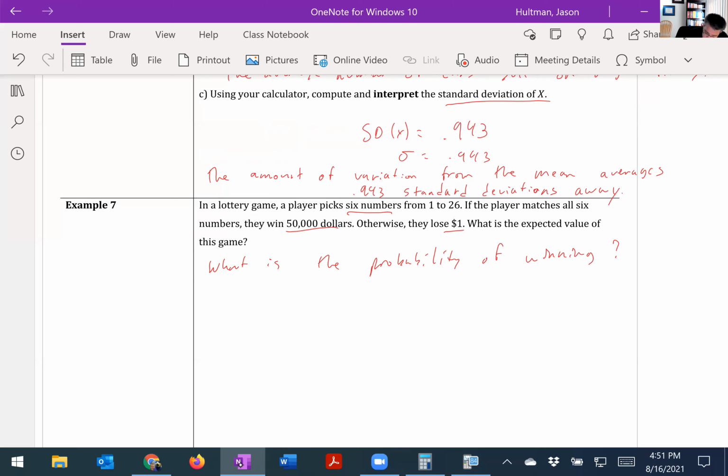So first, we want to know how many ways we can choose 6 numbers from 26.